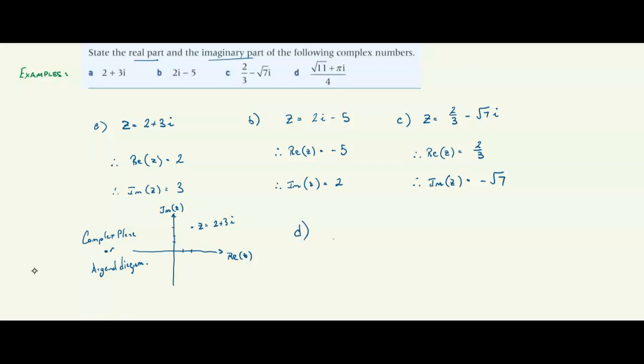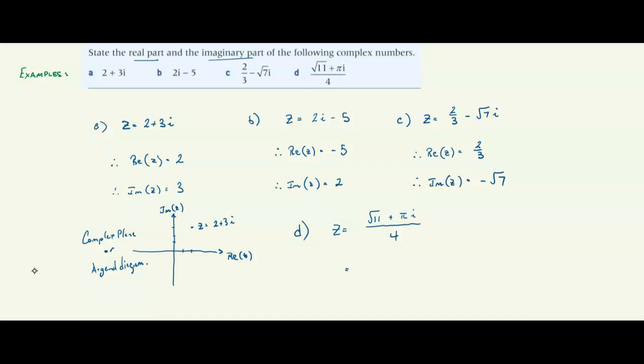Okay, and finally D, I'll just do D here. I'm going to write this z equals again. We often see a complex number written in this way, where it's just a single fraction. I'm finding it hard to talk and write at the same time. What we need to do is split it up.